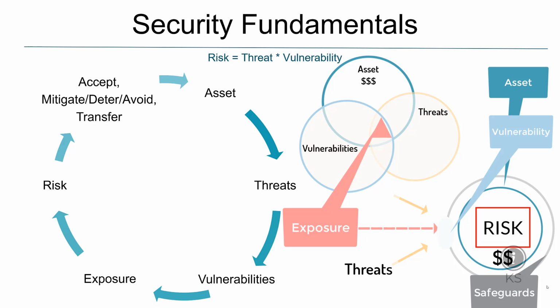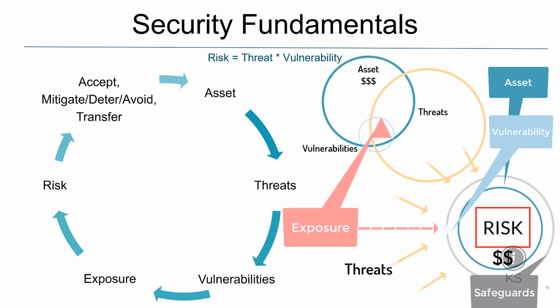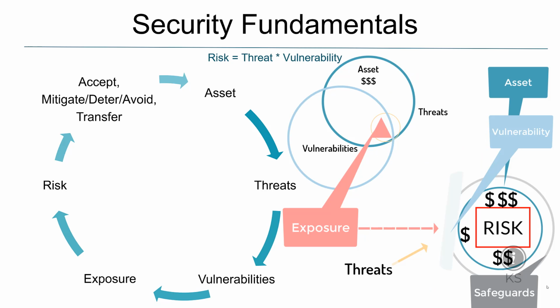Let's explore this relationship a little further. We could have a huge threat, but with very little vulnerability, and the amount of exposure is small. Even with a small exposure, if the asset has a tremendous value or the risk has a high dollar consequence, there may still be a large risk. Conversely, we could have small threats but large amounts of vulnerabilities, and that might create a higher exposure level.